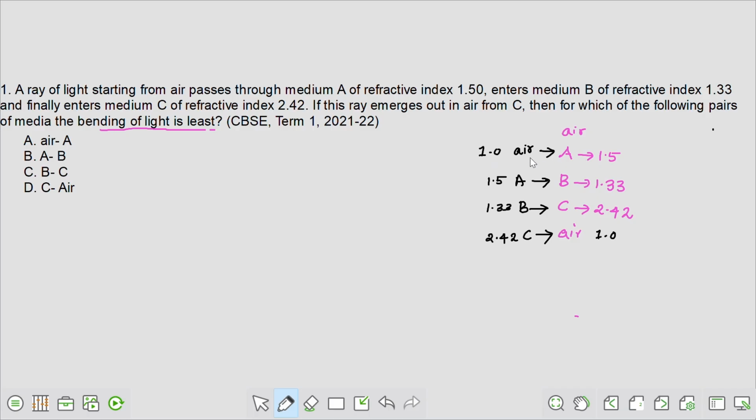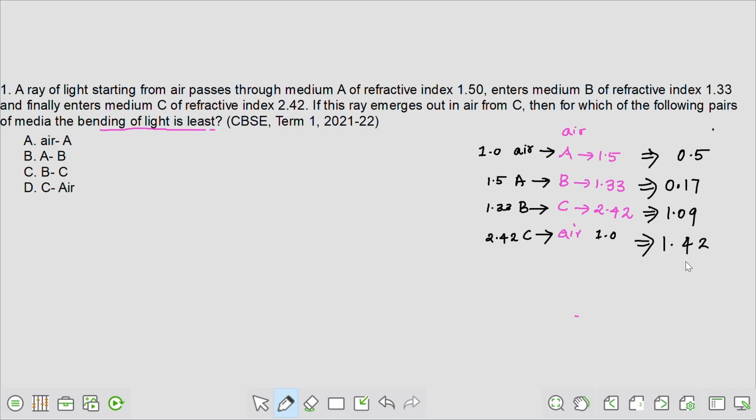In the first case, when you find the difference, you will get 0.5. Now here, if you find the difference, what will you get? You will get the difference as 0.17. Now what about the third case? Here you will get 1.09 as the difference. Now the last case, you will get 1.42.